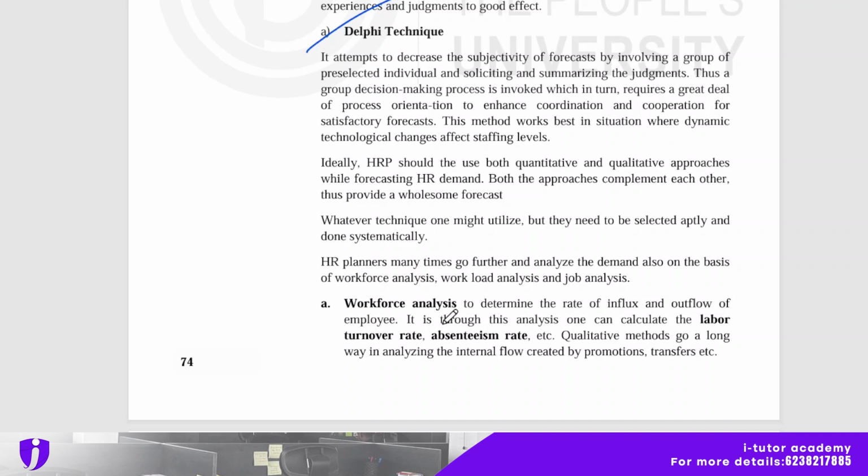This method works best in situations where dynamic technological changes affect staffing levels. Ideally, HRP should use both quantitative and qualitative approaches while forecasting HR demand. Both the approaches complement each other, thus provide a wholesome forecast.